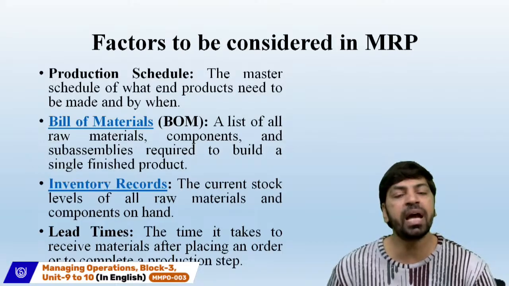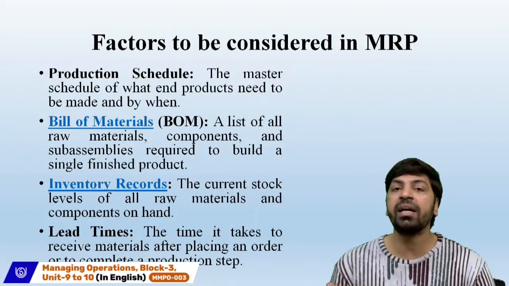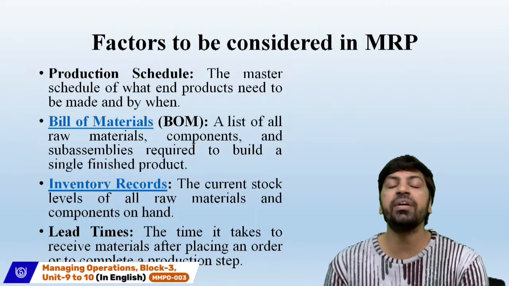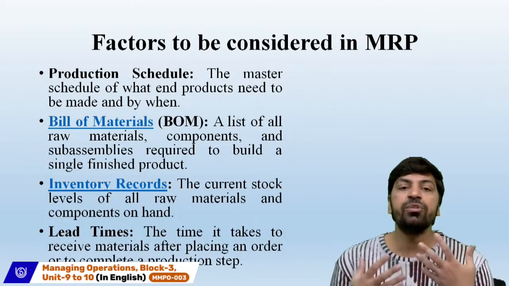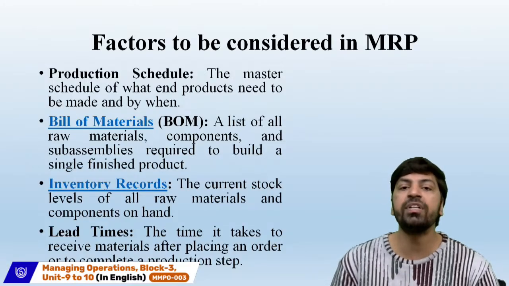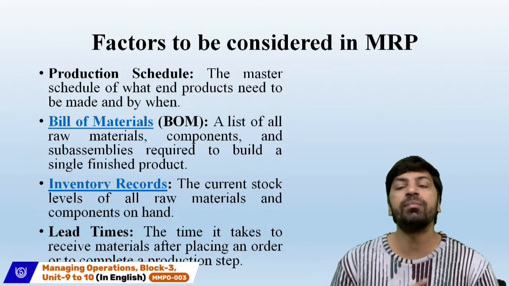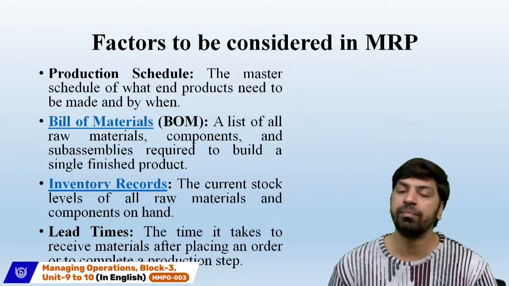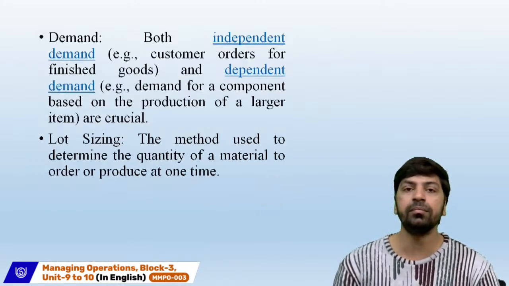And the lead times, because these are factors considered in the material requirements planning process. Lead time is the time it takes to receive material after placing an order, or to complete the production process.